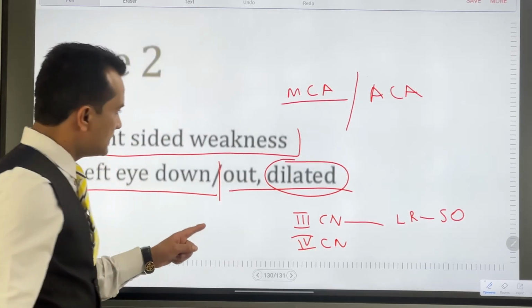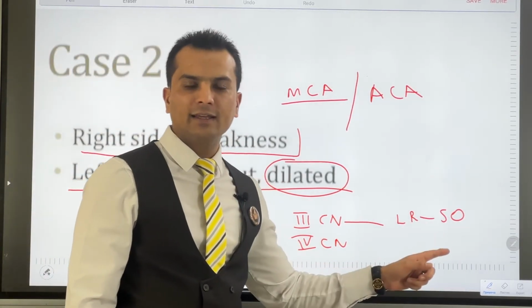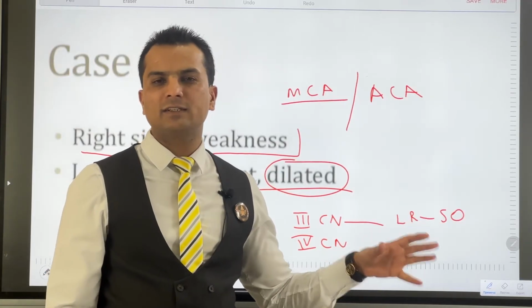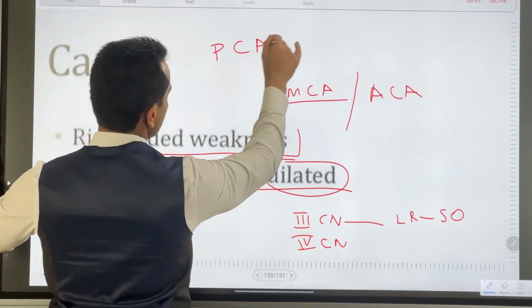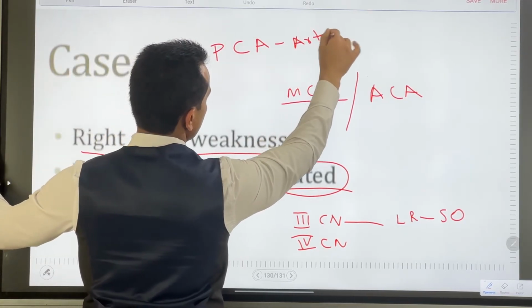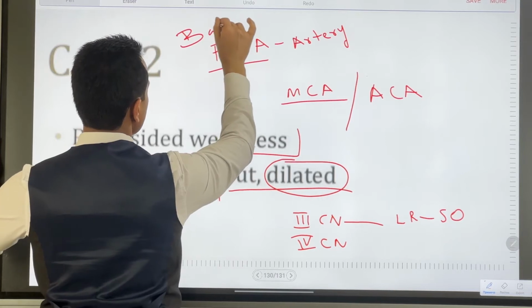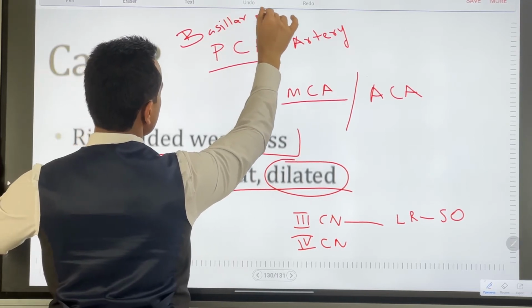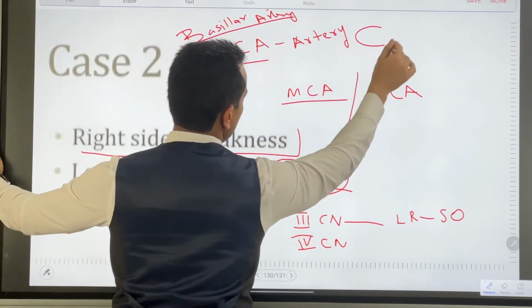So if there is injury to the midbrain, and the midbrain is receiving blood supply from branches of the PCA artery, which is a branch of the basilar artery, then this is a stroke of the PCA artery.